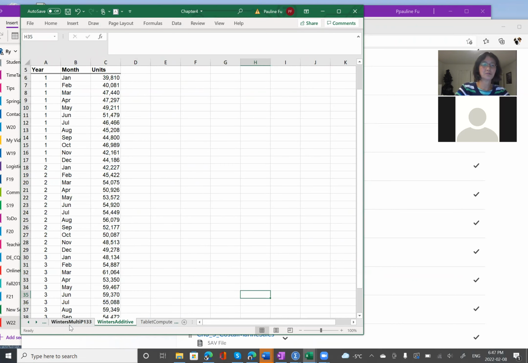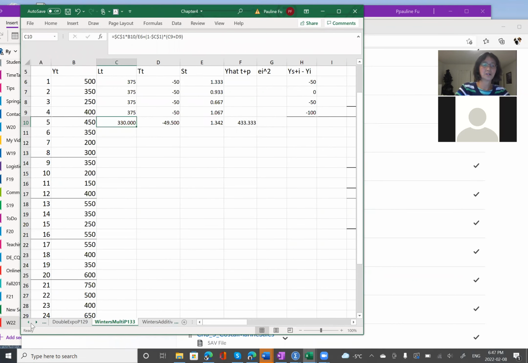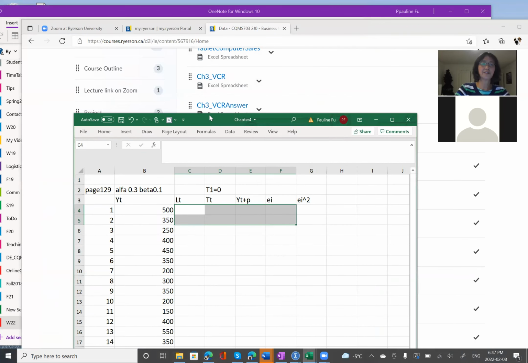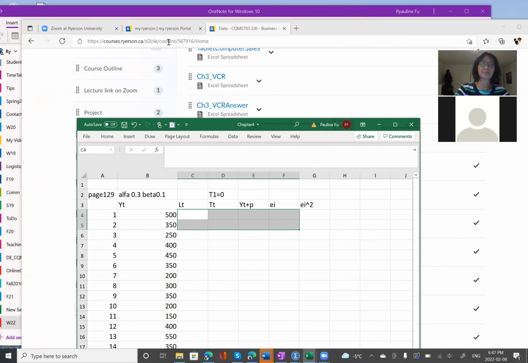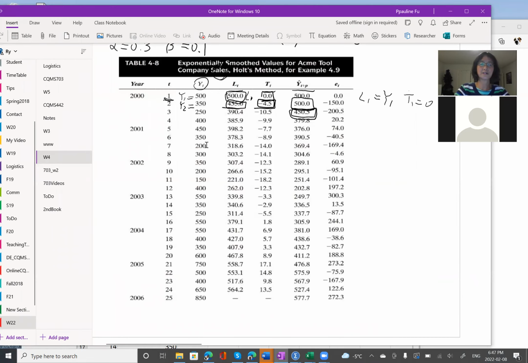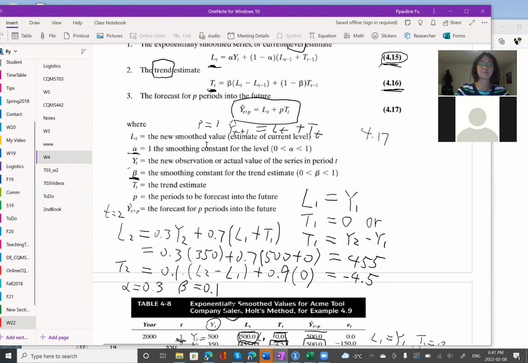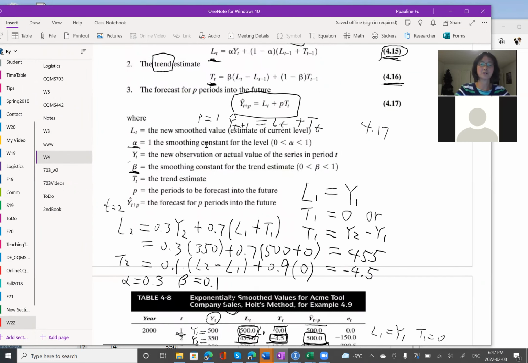Go to the one labeled double exponential P129. Now I'm going to use Excel to illustrate this formula.